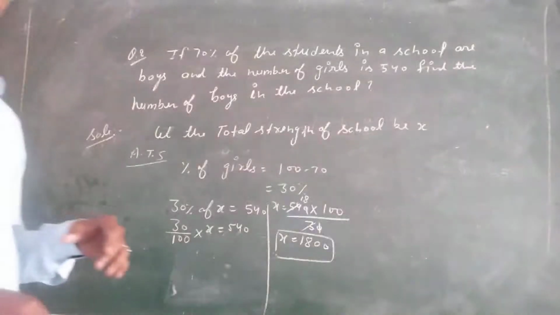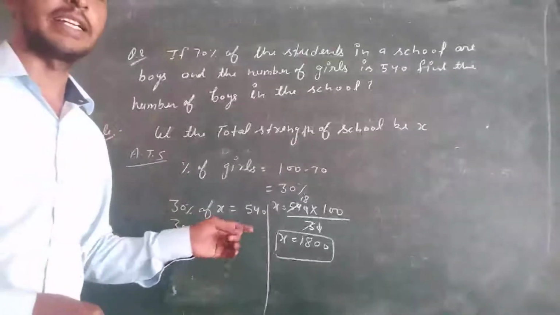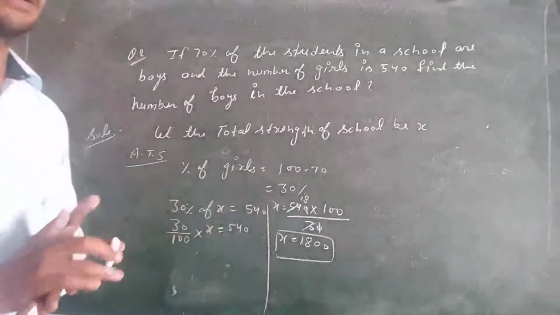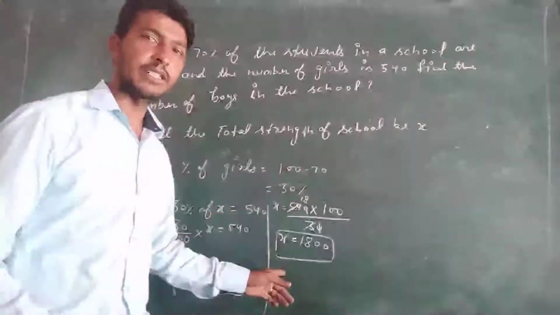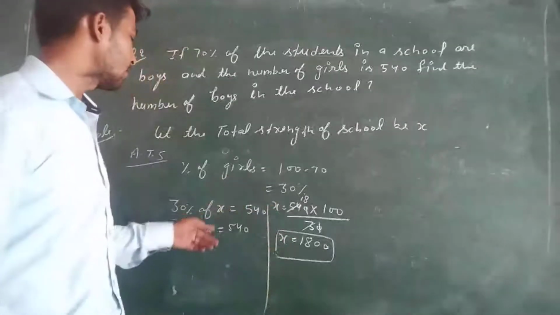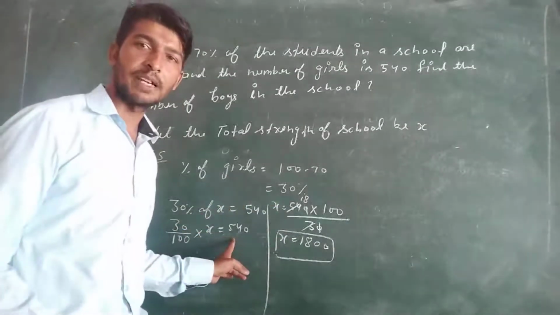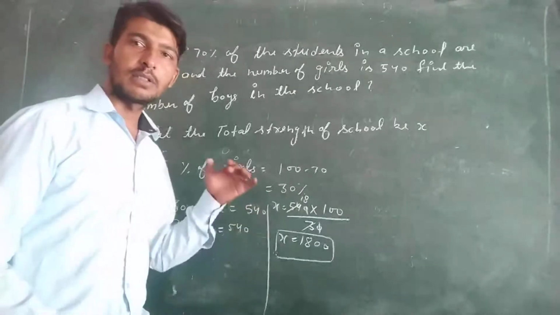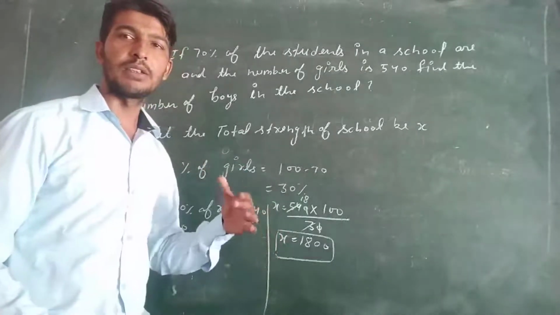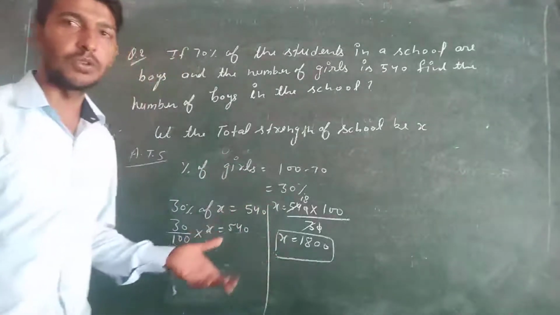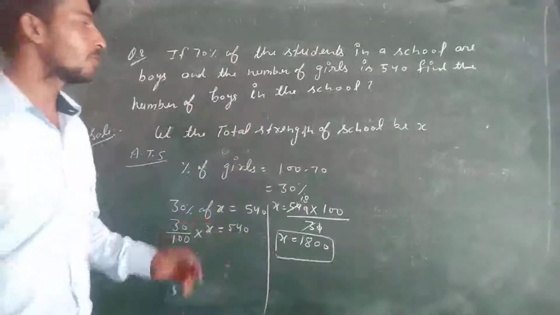Total student strength in the school is 1800. So from the total strength you will subtract the number of girls, that is 540. Then you will get the value of the number of boys.